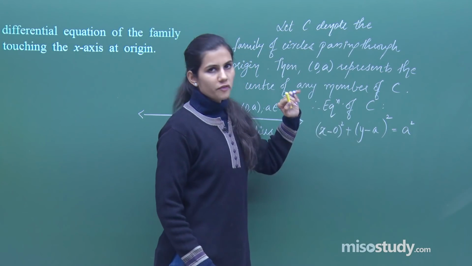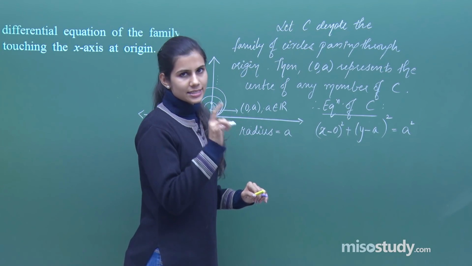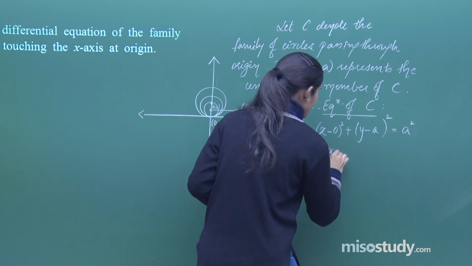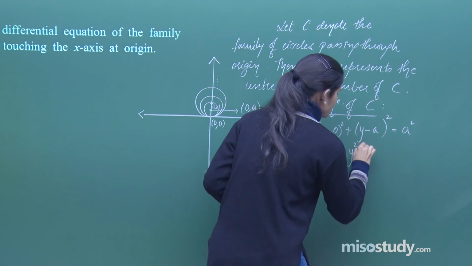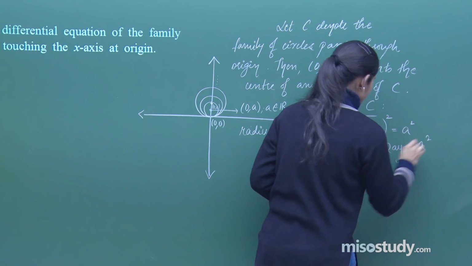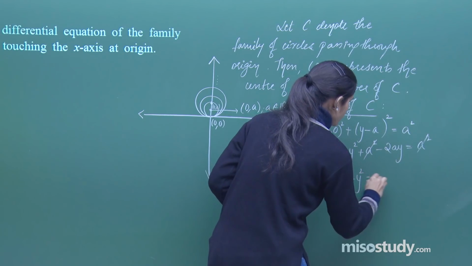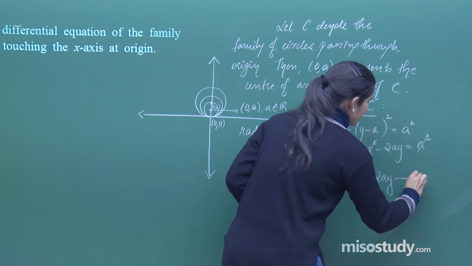This is my equation of the family of circles touching the x-axis at origin. So this will be x square plus y square plus a square minus 2ay equals a square. This gets cancelled out. So x square plus y square equals 2ay.